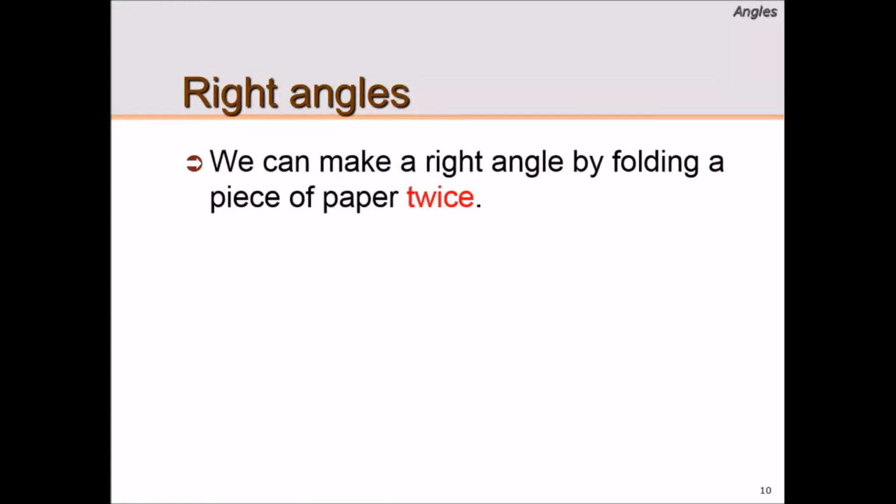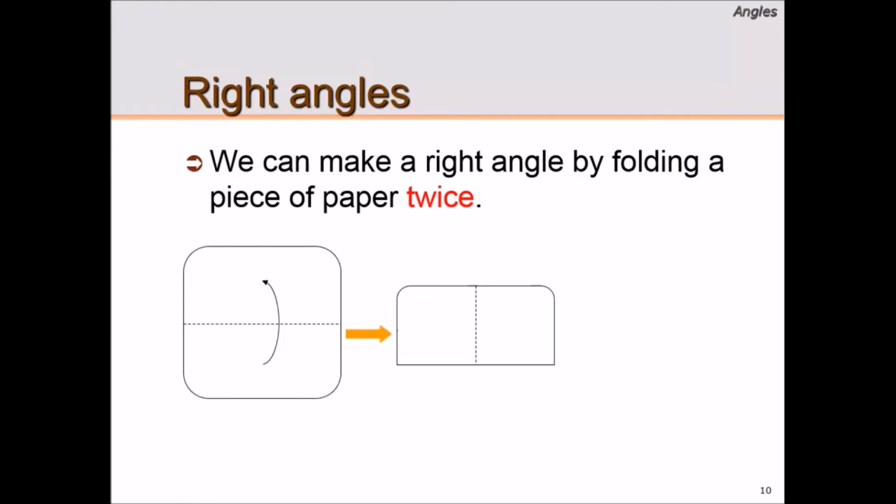We can make a right angle by folding a piece of paper twice. First, then, look for the angle that is marked on the video. This is a right angle.